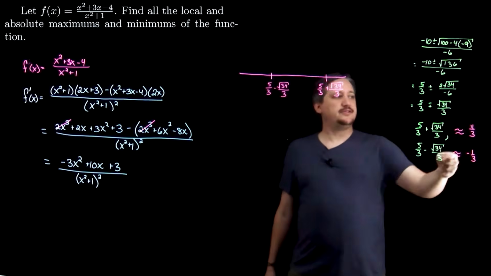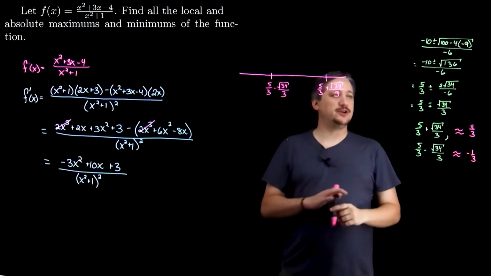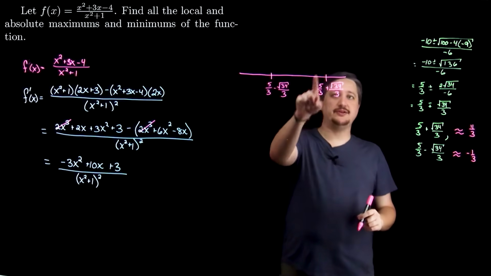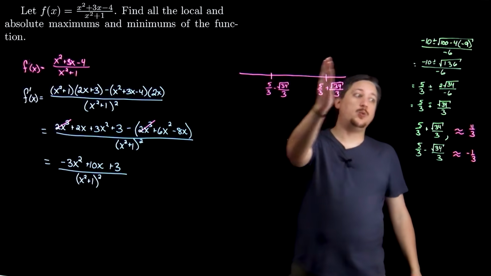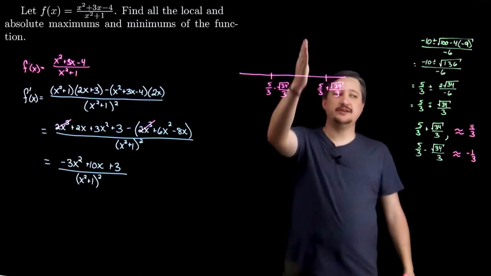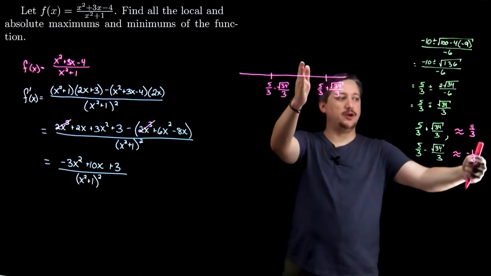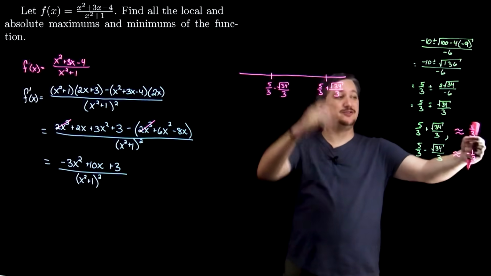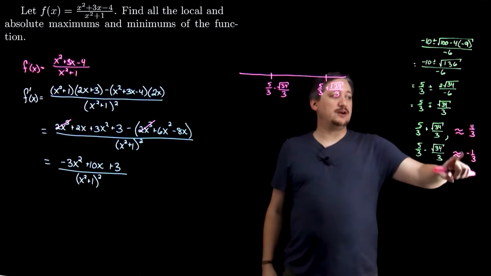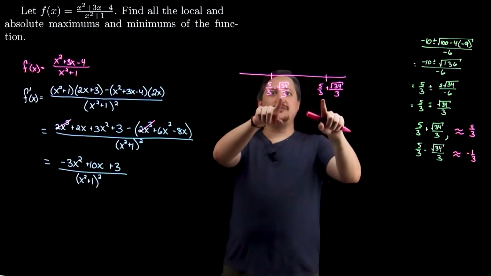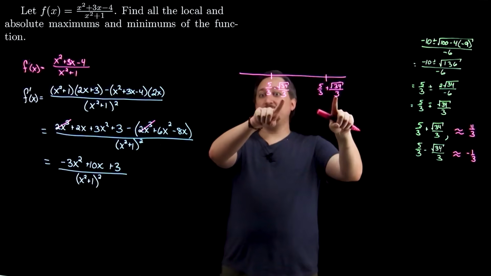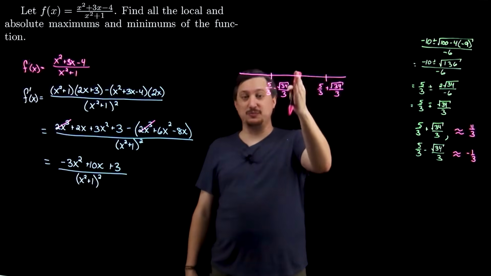But I did this to think to myself, okay, if this is around 11/3, then what I'm really looking at is something that is between 11/3 and -1/3, but not near those two values because these are approximate. So I would pick something like 5/3, right? Because I know that I'm subtracting a value from 5/3 and adding a value to 5/3, so 5/3 is in the middle somewhere.